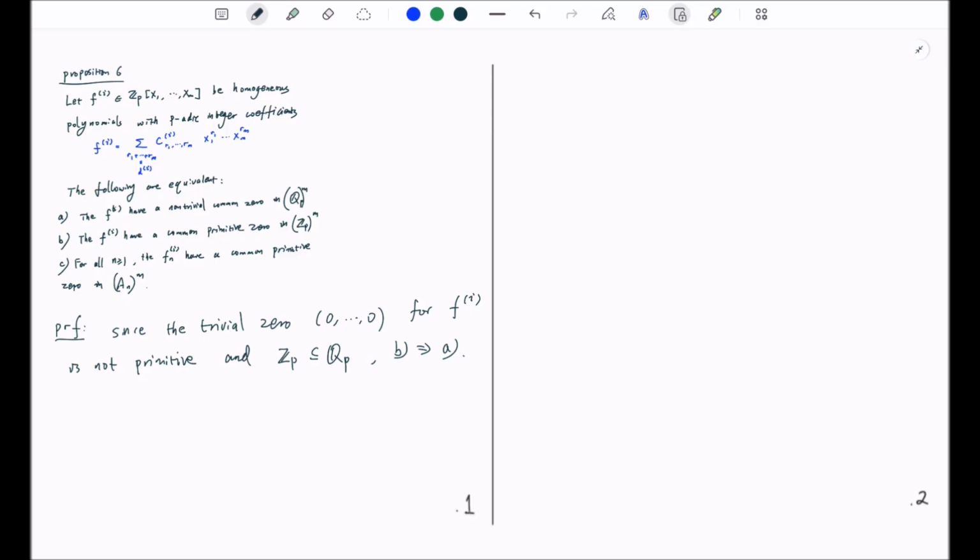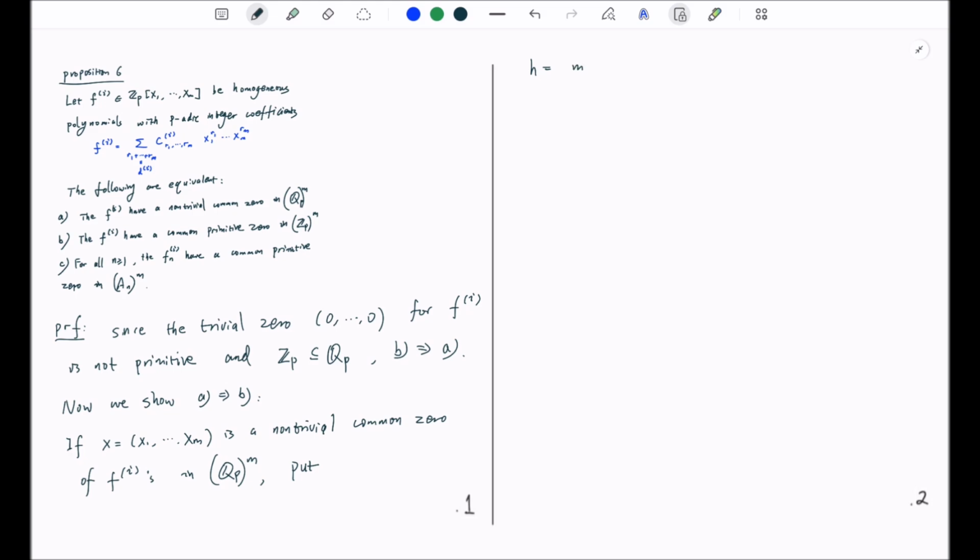Now on the other hand, if we have a non-trivial common zero of f^i's in Q_p^m, under the statement A, then we put h to be the smallest integer among the p-adic valuations of x_1 through x_m.